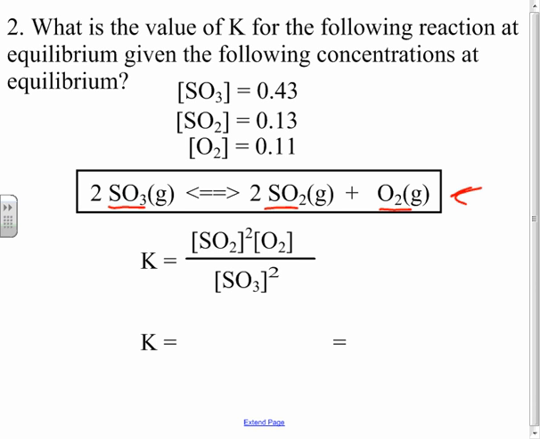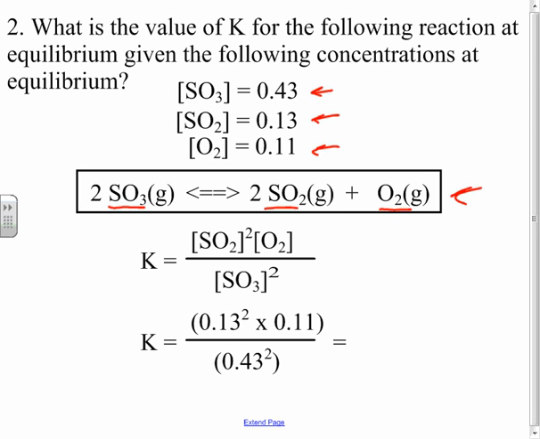And we're going to let the SO3 equal 0.043, the SO2 equal 0.13, and the oxygen equal 0.11. So we'll just plug them into their respective positions. And so the SO2 must be squared times the 0.11 for the oxygen over 0.043 squared. And that gives us a value of 0.010. Again, we'll ignore units for K. So pretty simple process.